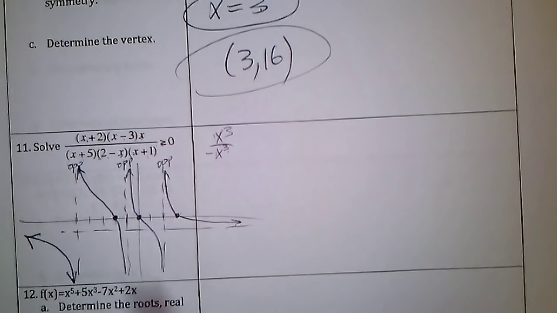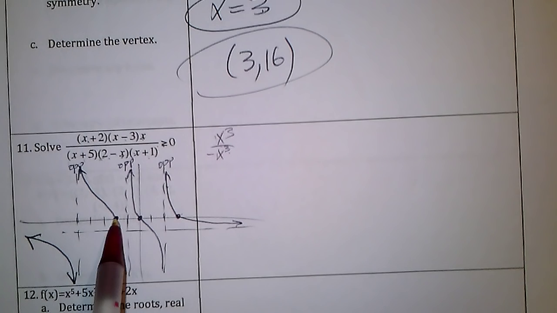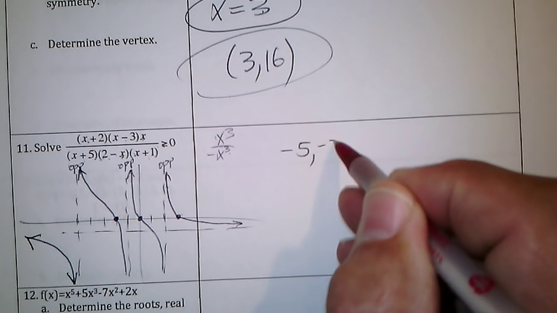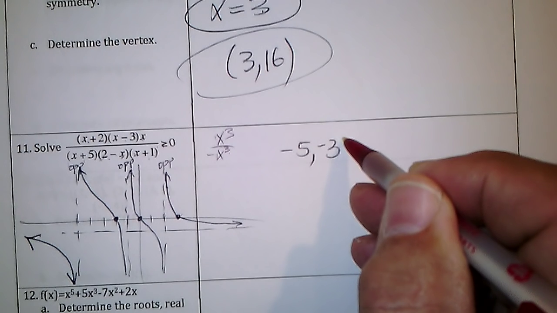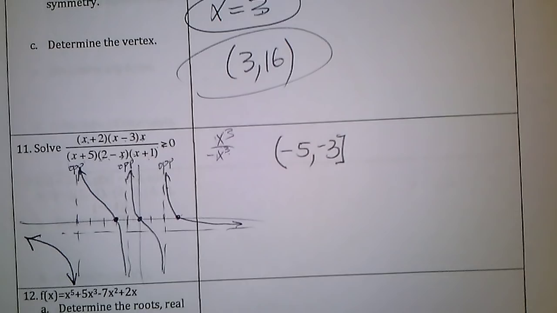So when is this greater than 0? From -5 to -3. And it can be equal to 0, doesn't exist at -5.